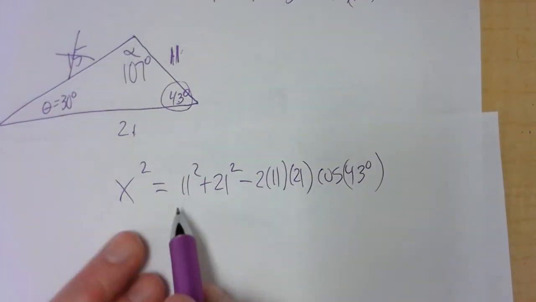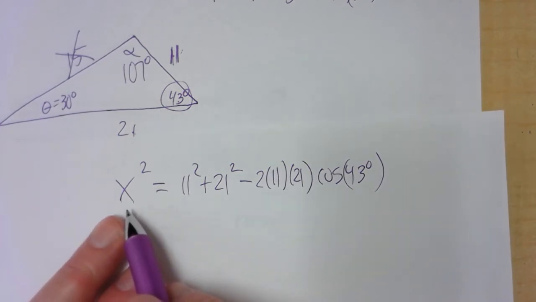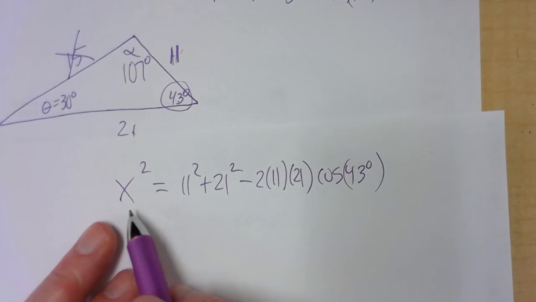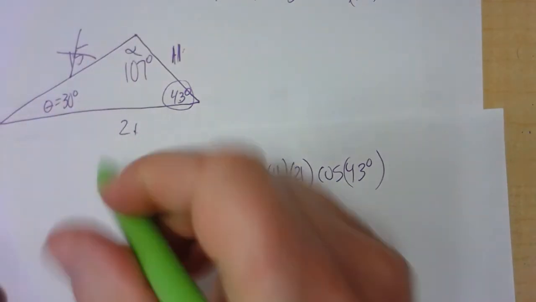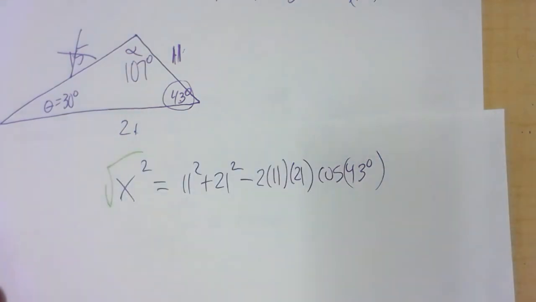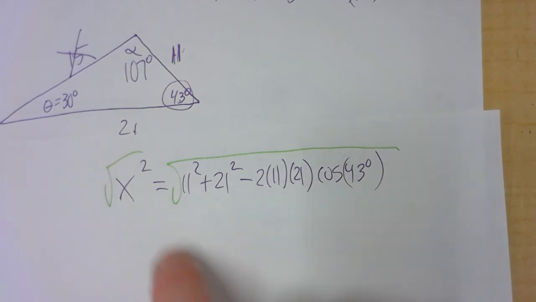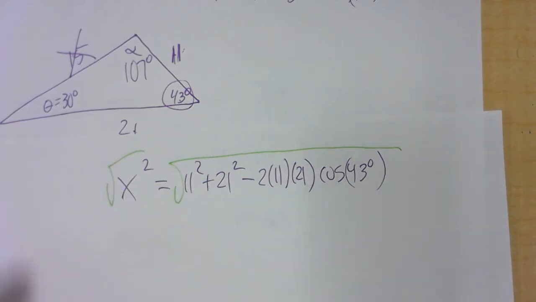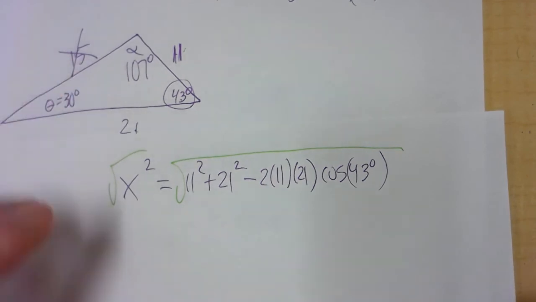So to solve this, I just type this all into the calculator, and then I just need to take the square root. So I can go ahead and do that right now. Let me get a different color. Take the square root of that side of the equation, take the square root of all that. So I just type that into the calculator. There's no solving to this as much as just taking the square root of this answer. And that should yield some decimal close to 15.